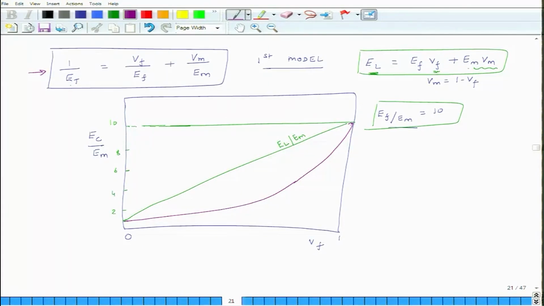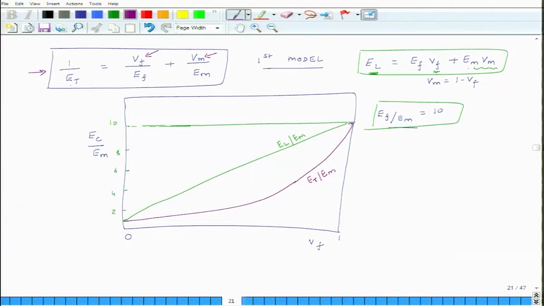Why does it start at the same location? At 0% volume fraction, this term goes to 0, this is 1. So, 1 over EM is equal to 1 over ET, so it starts from 1, and at 100% volume fraction, it ends at 10, because we have assumed that EF over EM is 10. So, this is the expression for ET over EM.